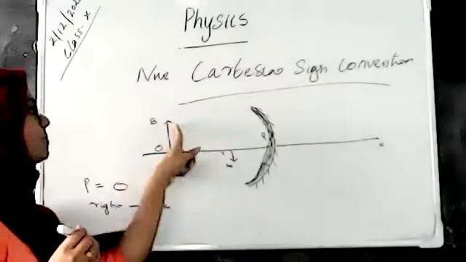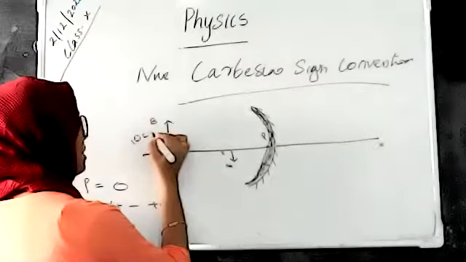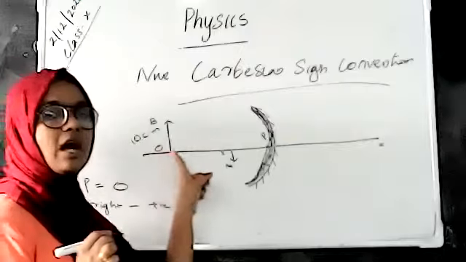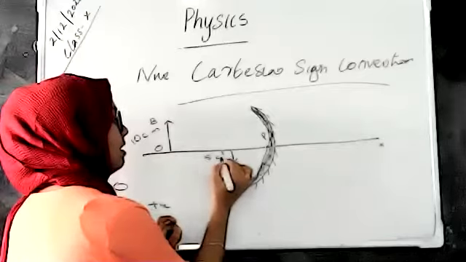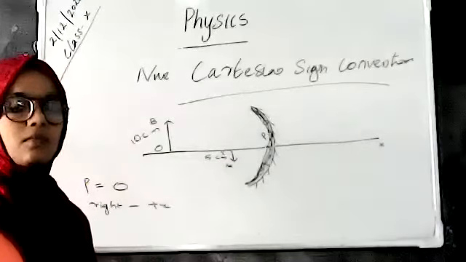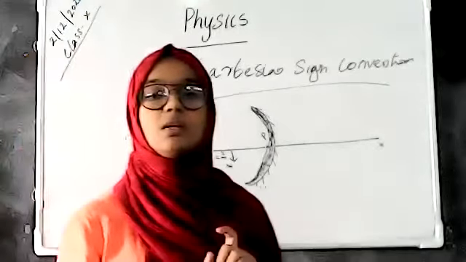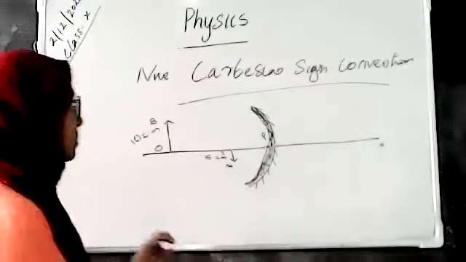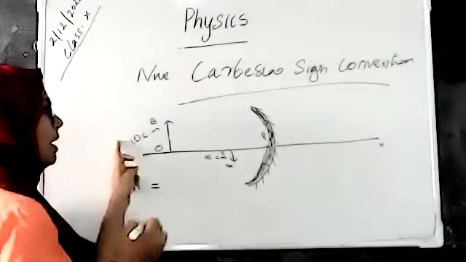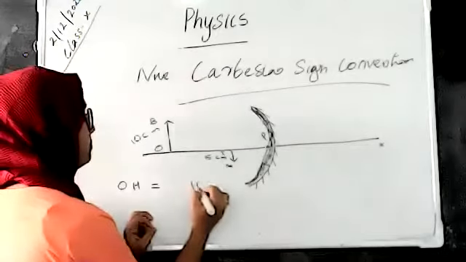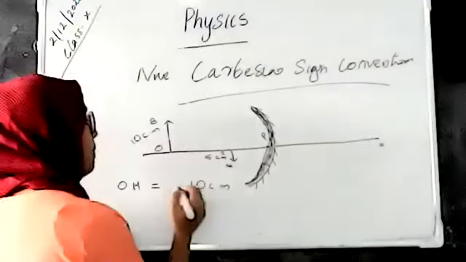Here, the object has a height of 10 centimeters and the image has a height of 5 centimeters. So what is the height of the object using the New Cartesian sign convention? The height of the object OB is equal to 10 centimeters, but using the New Cartesian sign convention, we put a positive sign.